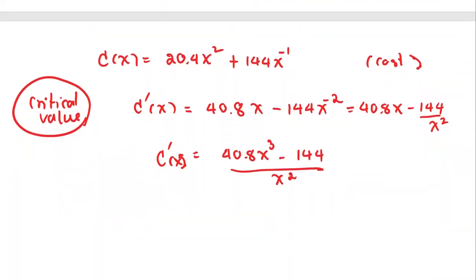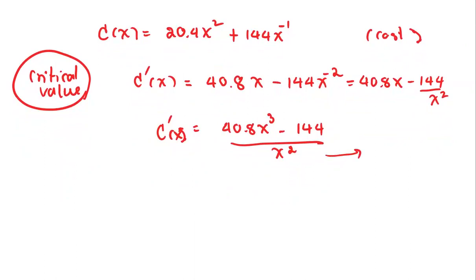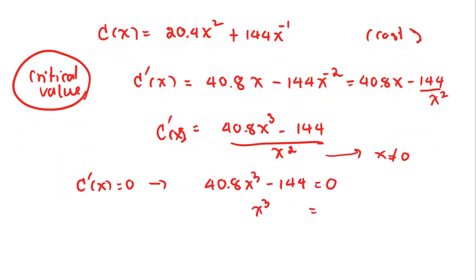We're going to look for the critical value. We know that x cannot be 0, because if x is 0, there's no box, no dimensions. Now we look at the case c prime equals 0, or 40.8 x to the third minus 144 equals 0, and then solve for x. X to the third is 144 divided by 40.8, and then we take the cube root of 144 divided by 40.8.